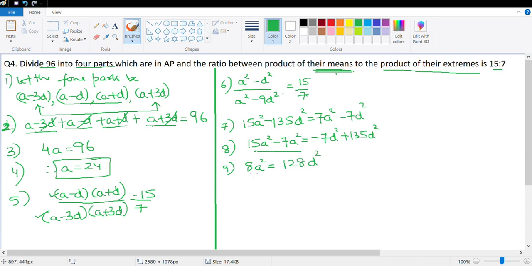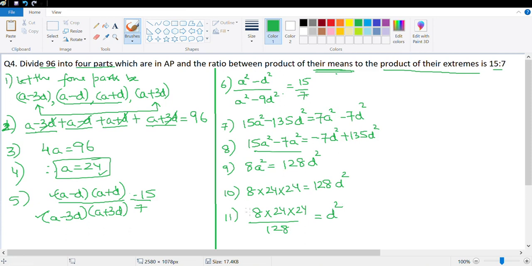I know the value of a is 24, which means 8 into 24 into 24 is equal to 128d square. So 8 into 24 into 24 upon 128 is equal to d square. Right, that's correct.